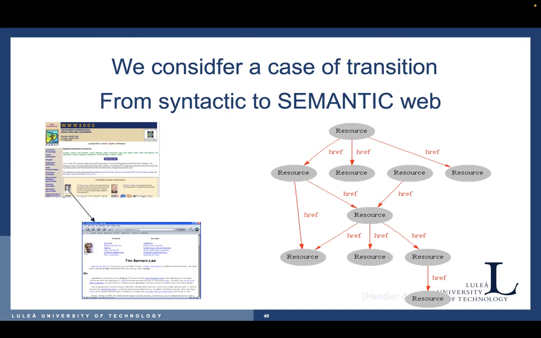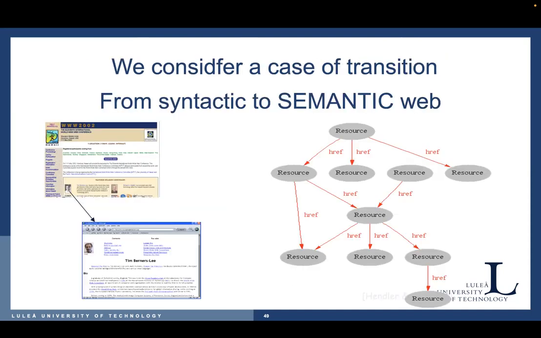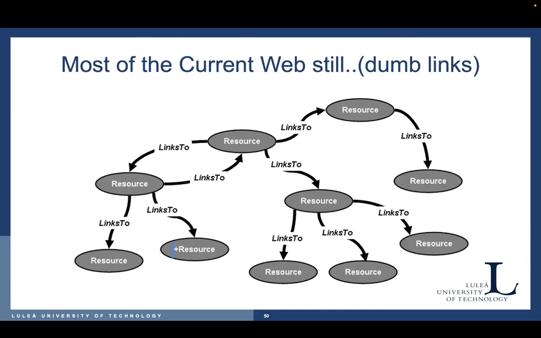We will talk about how to make a transition from the so-called syntactic web that we still largely have now to a more semantic web, a web of knowledge: a resource which would enable reasoning on this information.